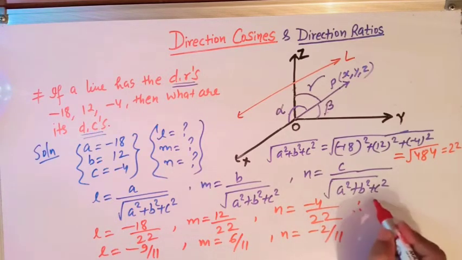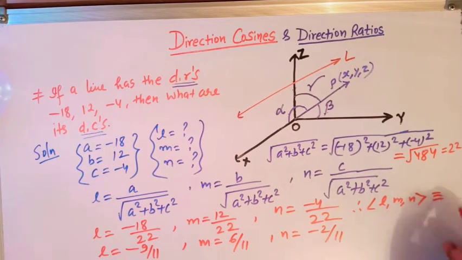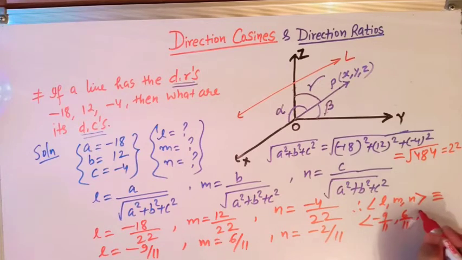So therefore the direction cosines of this line are minus 9 by 11, 6 by 11 and minus 2 by 11.